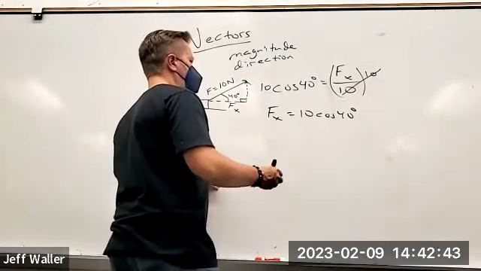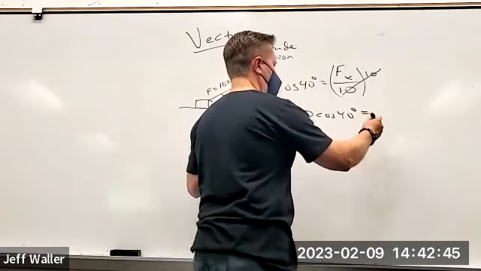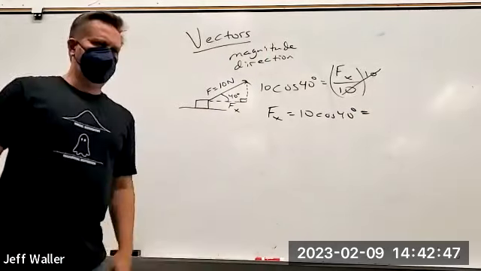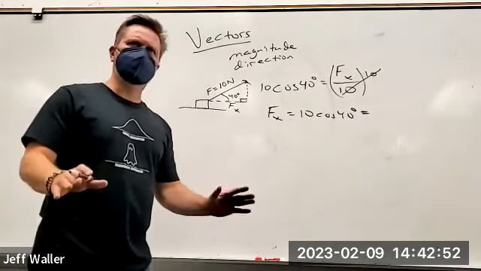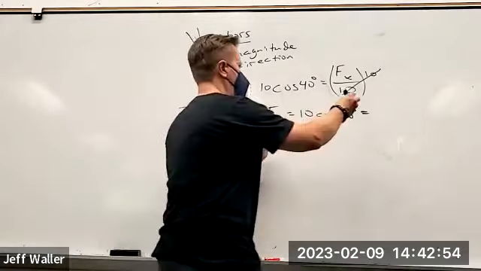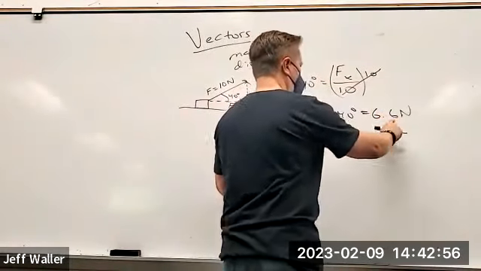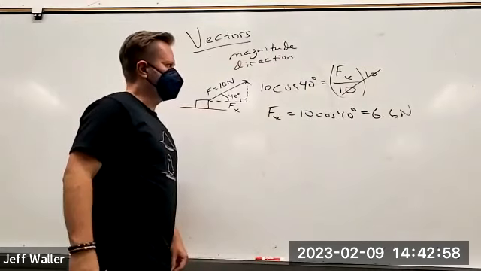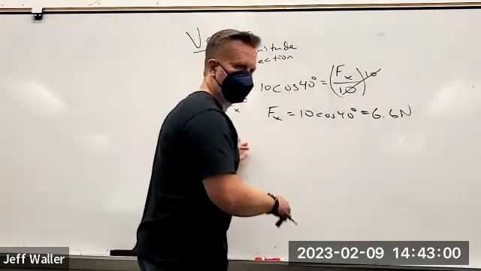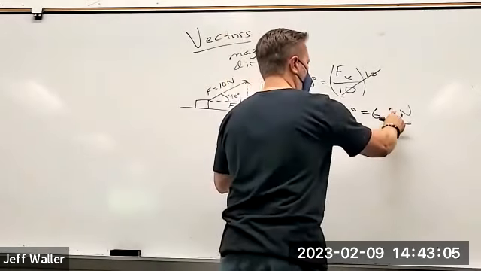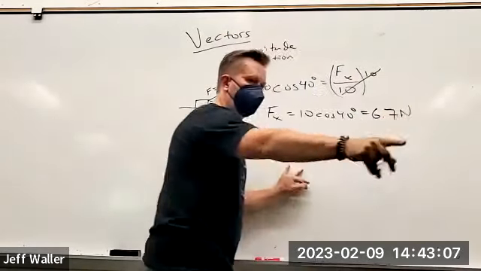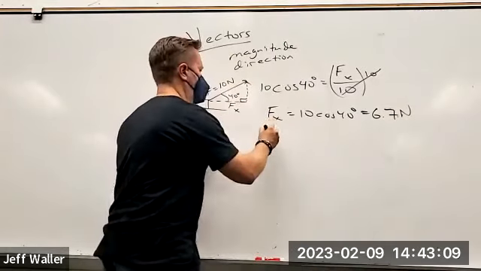Nobody's got a calculator. Okay. So I think this is roughly, just kind of guessing here, 6.7 or something. 6.6, that's pretty close. Okay, 6.6 newtons. That's rounded quite a bit, right? Oh, somebody's got it. 6.669. Is that what you got? So like 6.7 if you round. Okay. Now, real quick, what's Fy?